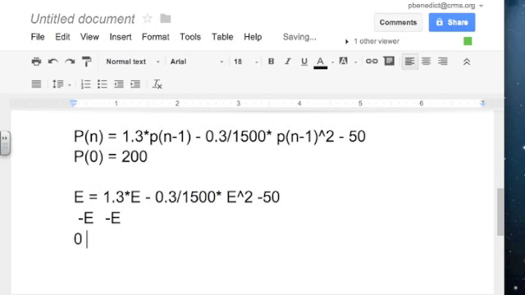And I will get 0 equals, so my two common terms here are E to the first, so I'm going to end up with 0.3 E minus this number, which I'll figure out in just a second, 0.3, because I probably want to have that be something that I can plug right in there.